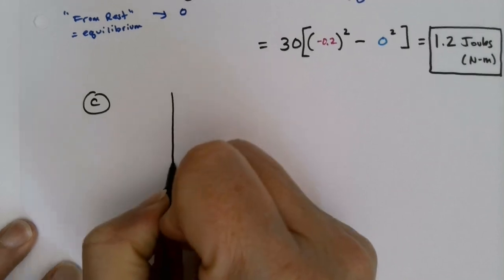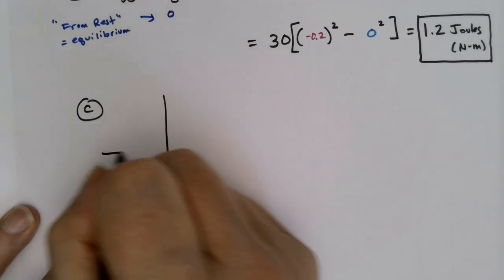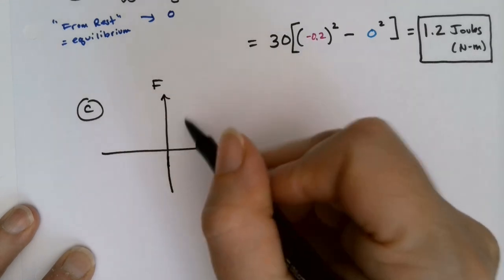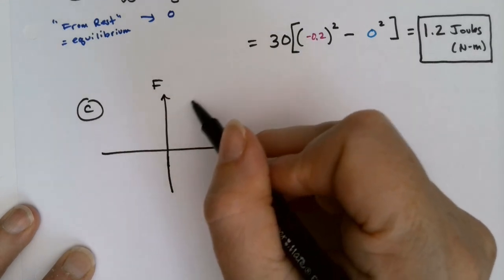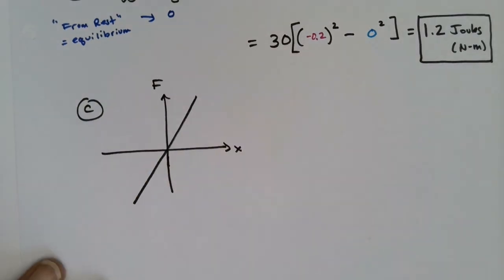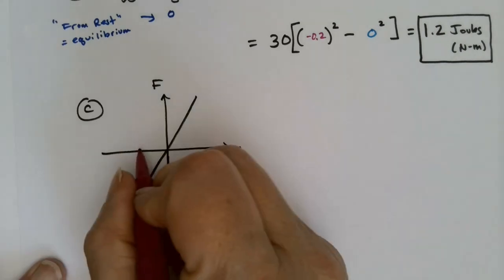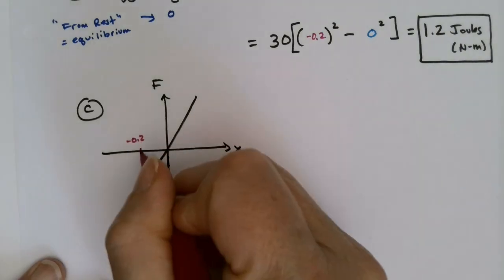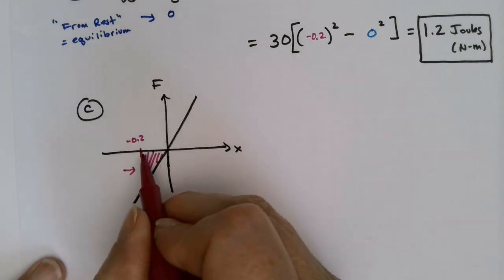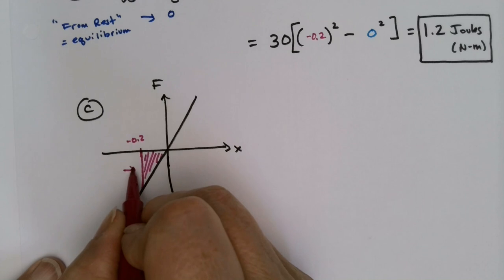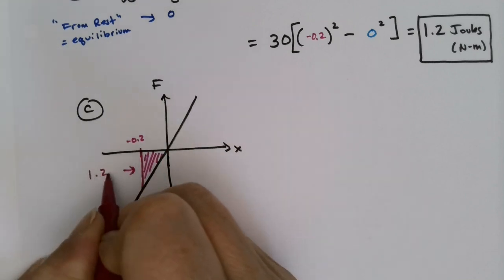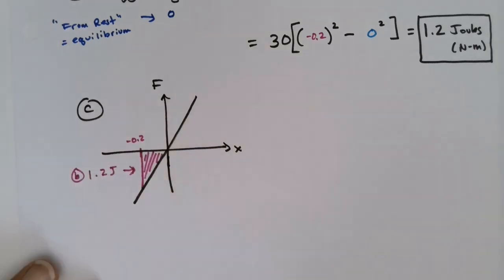If we look at force as a function, and this is x right here, we have F is equal to 60x, so it's doing something vaguely like this. All right, so from 0 to negative 0.2, we went back and found this area. Right? And we're going from 0 to negative 0.2. That's why it's actually a positive number, because we're going backwards. So it was 1.2 joules. So that was the answer to B.